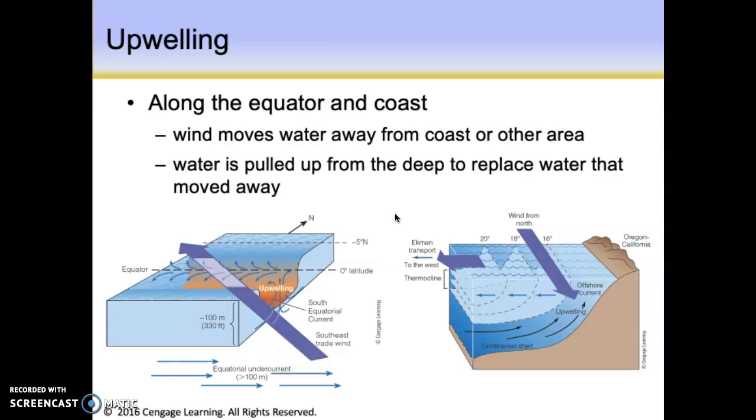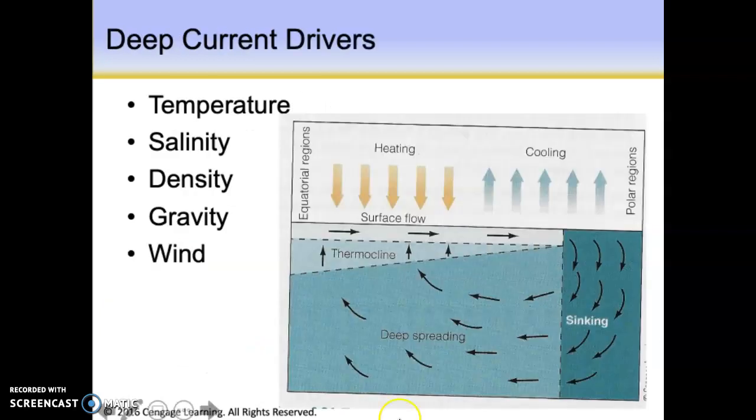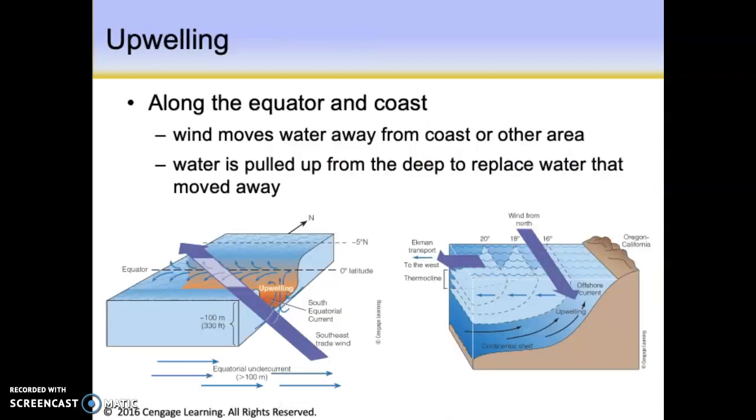And so this is really the primary cause of focused upwelling. If we go back to this slide, you'll notice that some upwelling is just basically spread out throughout the ocean, that deep water spreads and mixes and finds its way back to the surface. The upwelling that we're talking about here is more focused.